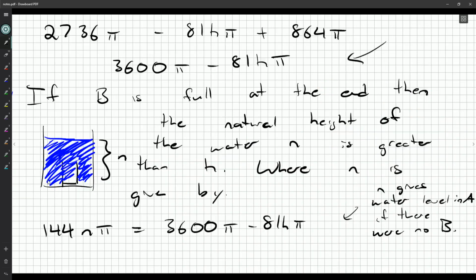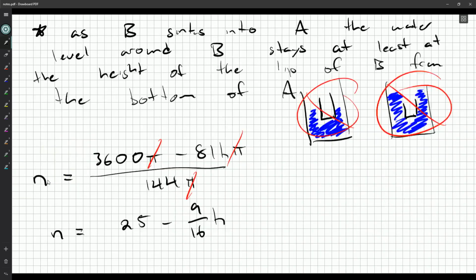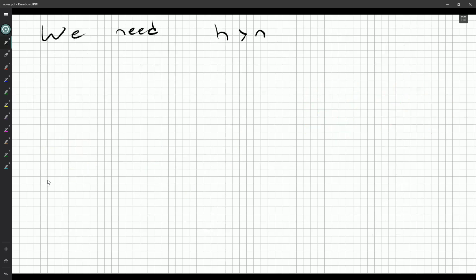So we need H to be more than N. Right? Because if it's less, then you could just sink glass B or cylinder B into the water for H and it wouldn't make a difference. It'll just sink right to the bottom and we'll be all set.